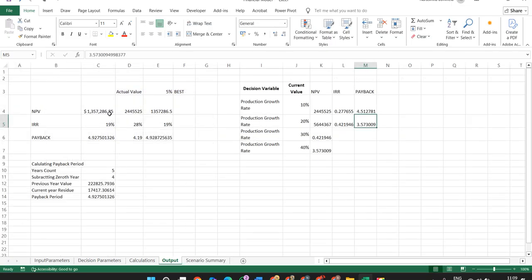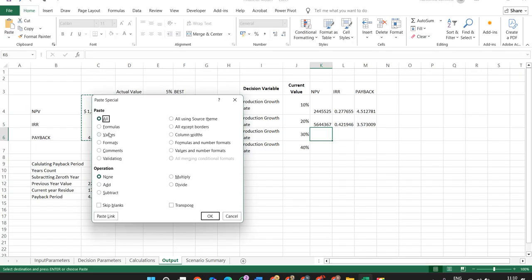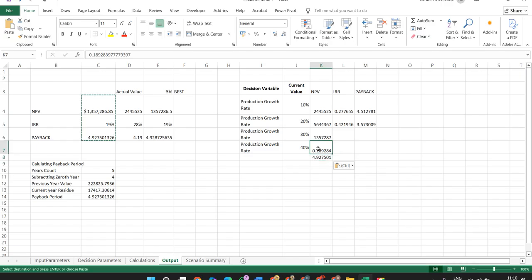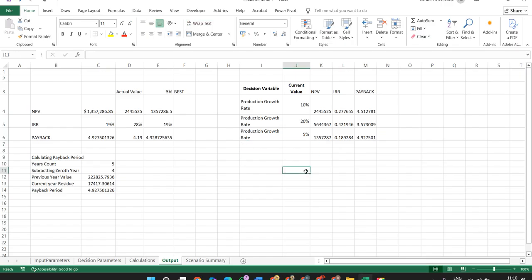If it is 5%, how are the values? So these are the values.